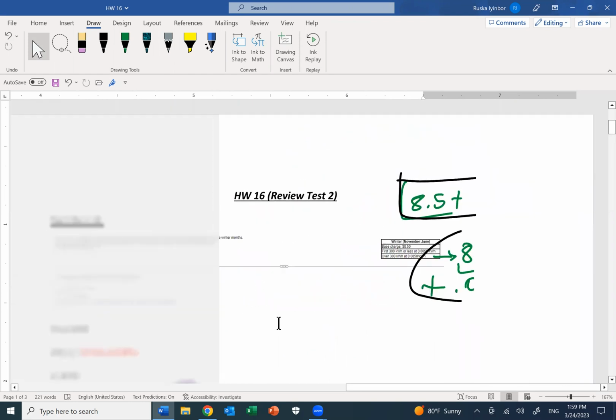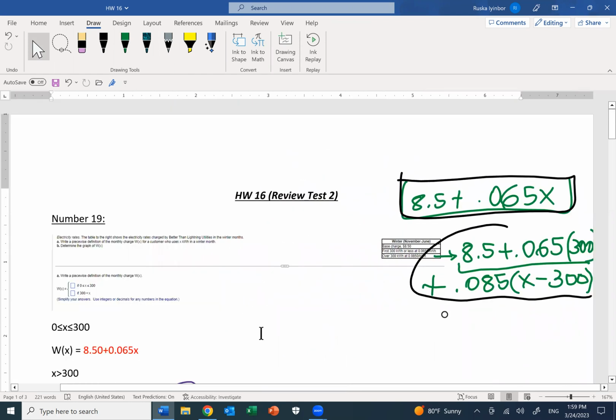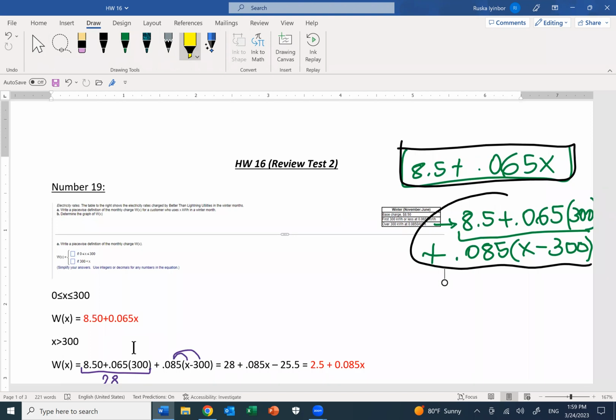There you go. We have when it's between 0 and 300, this is what I have, the equation 8.5 plus 0.065x.